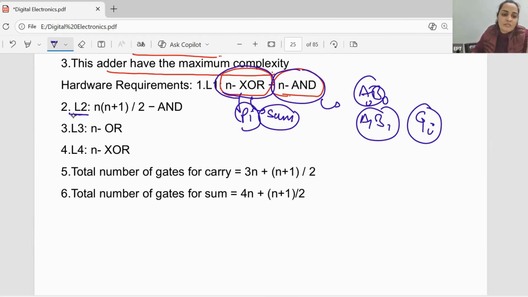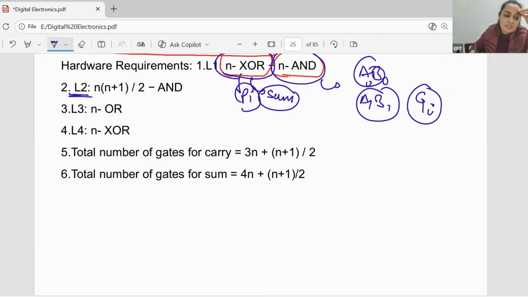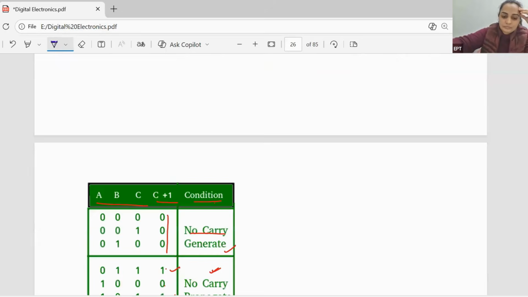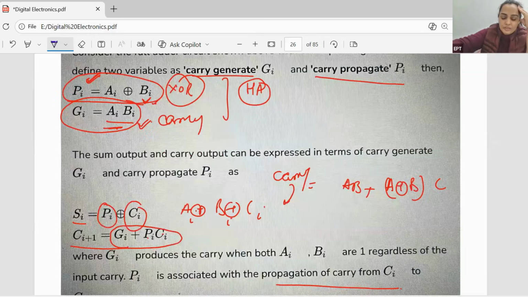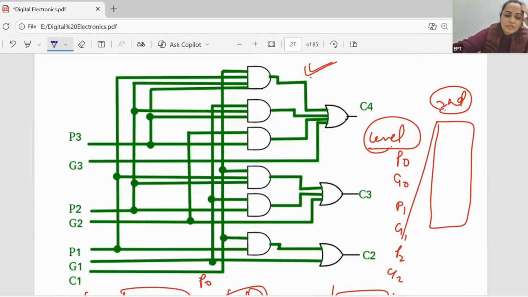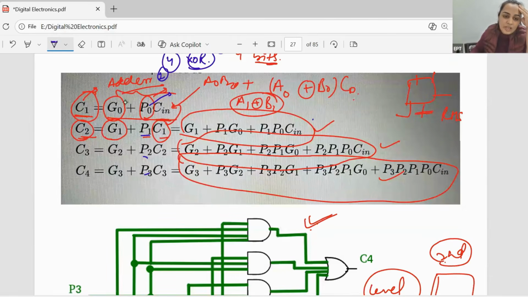Okay, now the second level. We have two levels inside this, level 2 and level 3. Why level 2 and level 3? Because we need AND gates and we need OR gates.